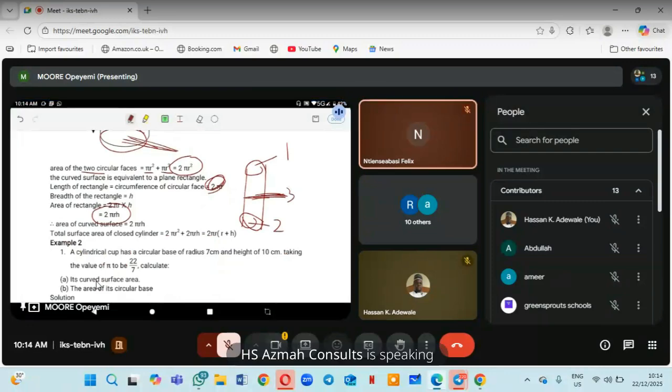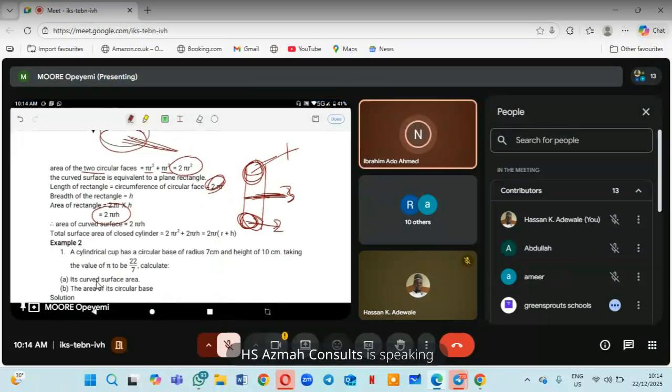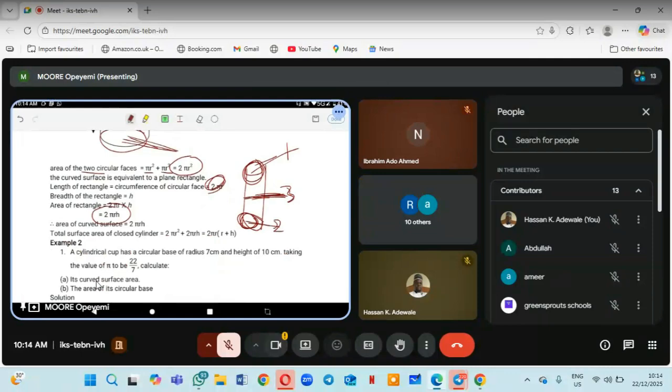This is a circle, that is one face. The bottom is also a circle, that is another face, making two. Then the part you are holding, when you hold your cup for example, is the curved surface, making three faces. That is what we said, that a cylinder has three faces.